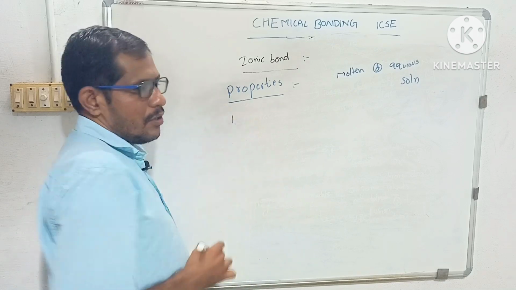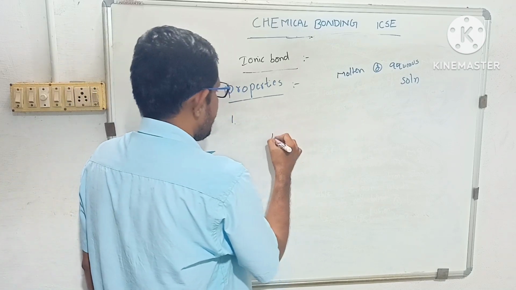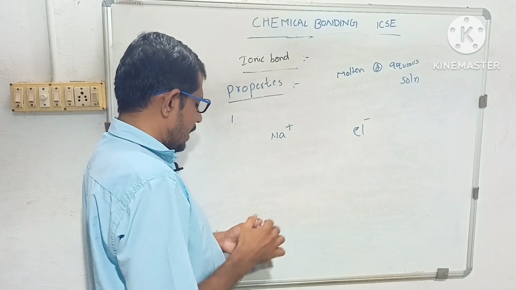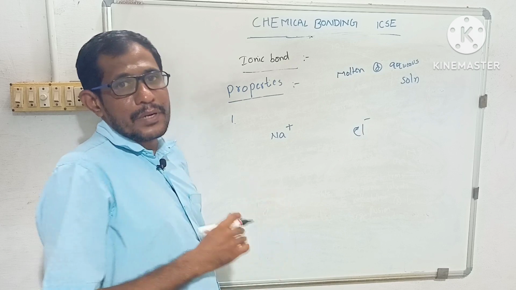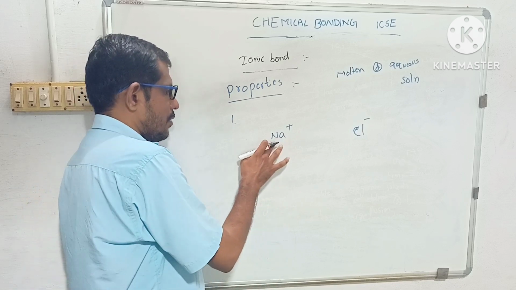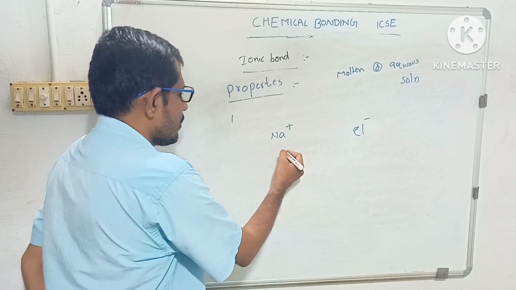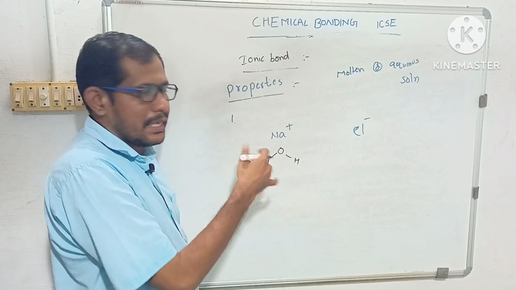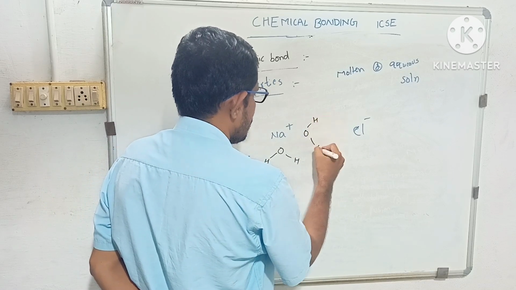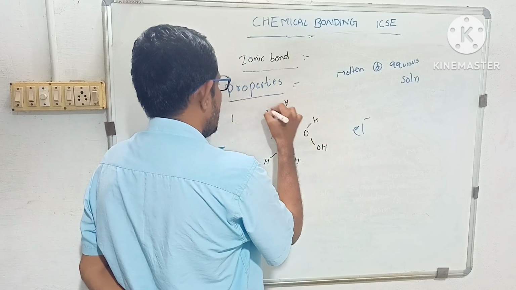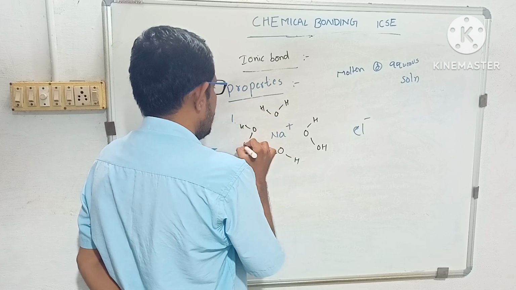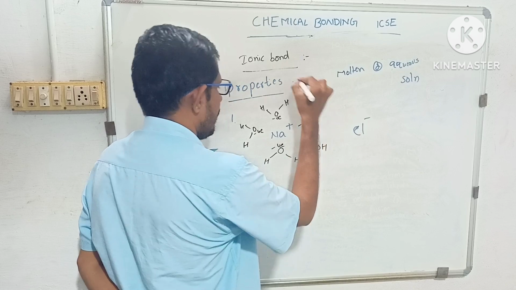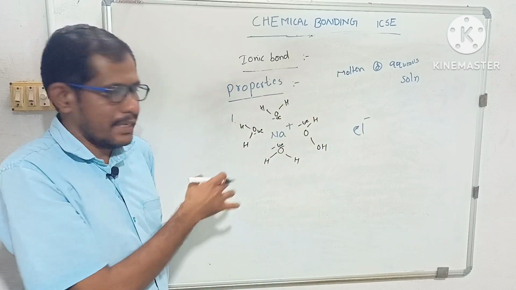And how it is soluble in water, I will show you. NaCl contains Na plus and Cl minus ions. Sodium plus is a positive charge. So oxygen, with partial negative charge, surrounds the sodium cation.